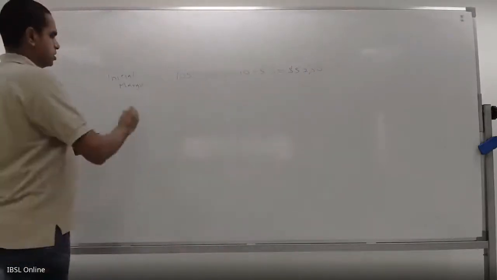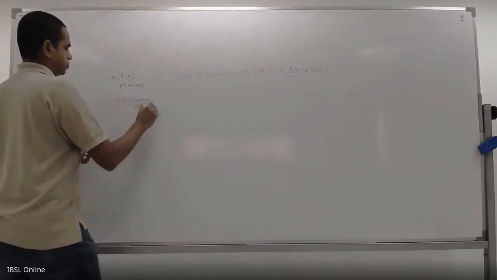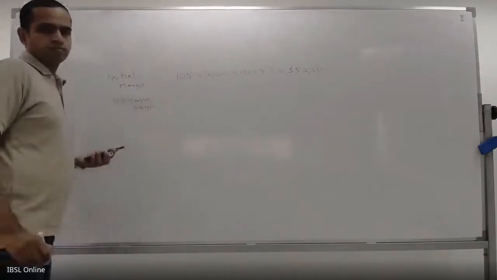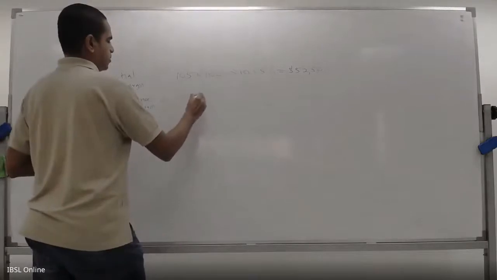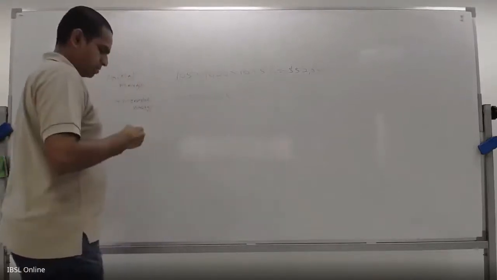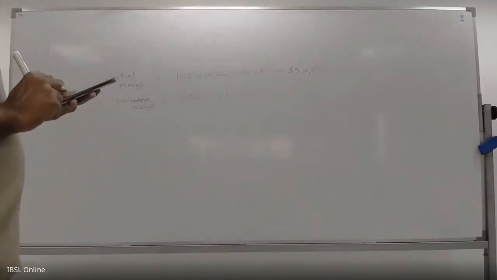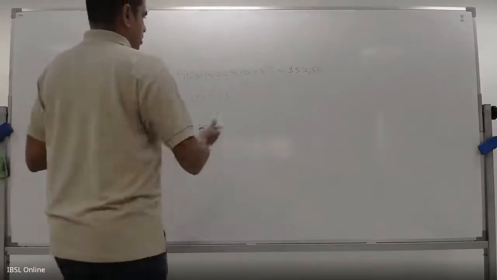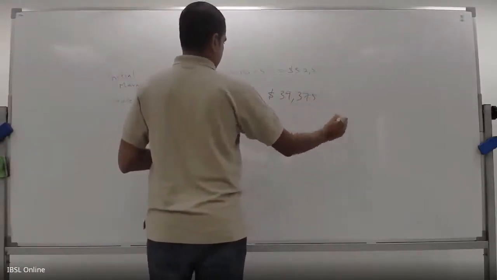And maintenance margin is 75% of initial margin. So initial margin 52,500, 75% of that is 39,375.